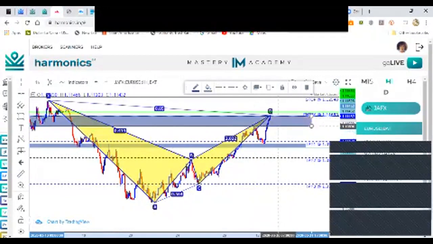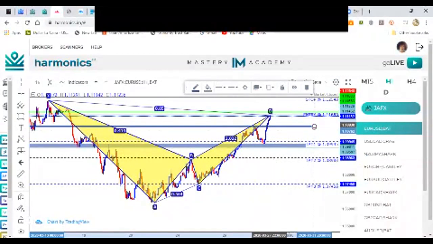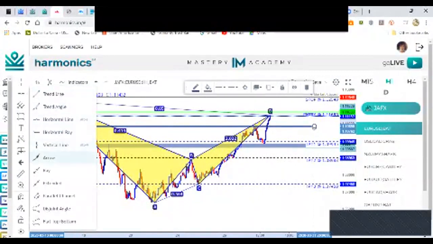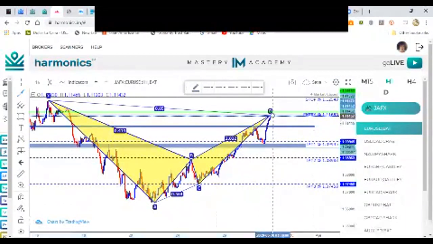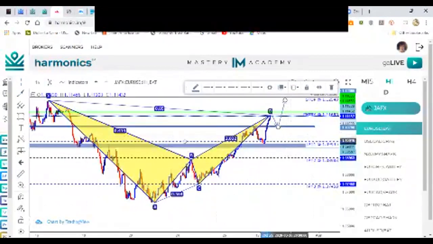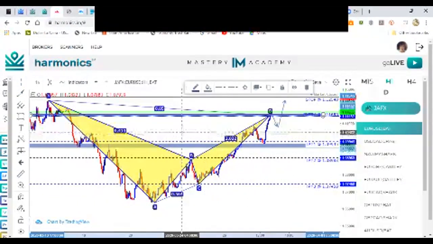He's going to do a short sell, coming back to this zone. Now, if this zone will hold, I will expect a move up. But let's see what happens when market opens on Sunday.